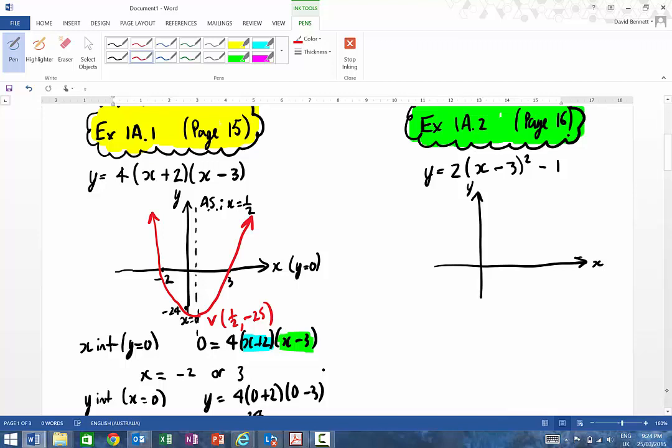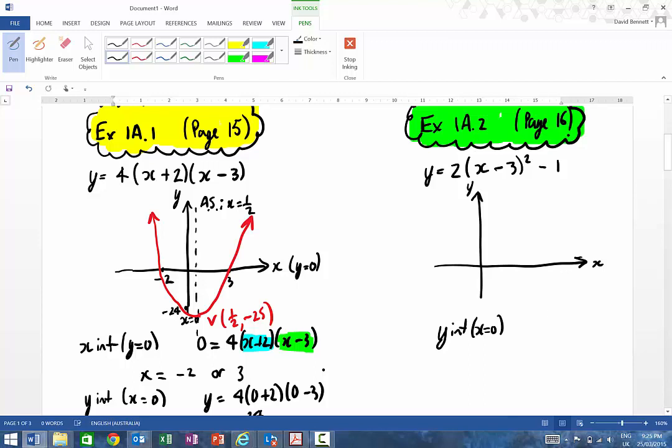Now, the second method here requires me to probably do a little bit less, and it's actually quite an easier formula to use, but to use this formula I have to have the vertice point. So the first thing I have to do here is to find my y-intercept. My y-intercept is going to occur when x is equal to 0.